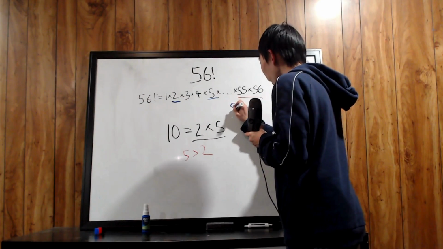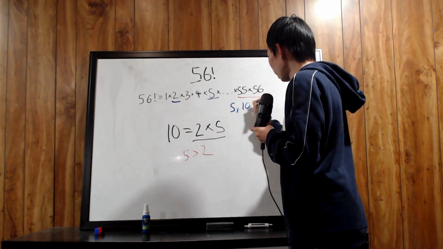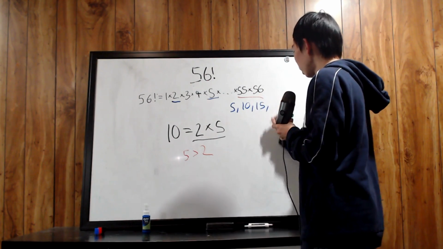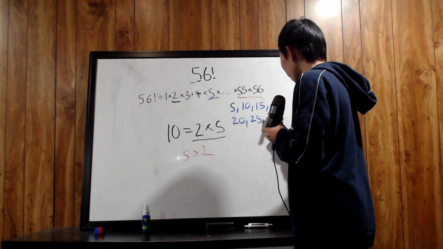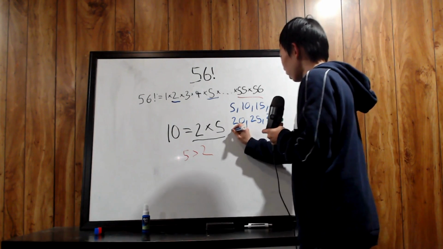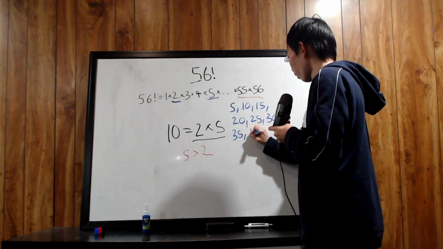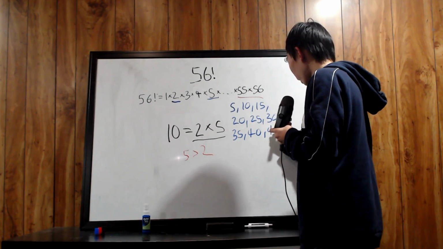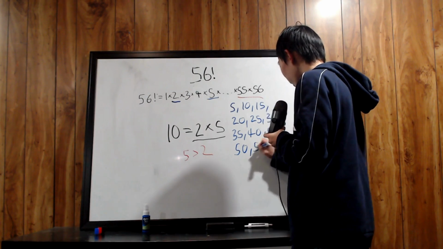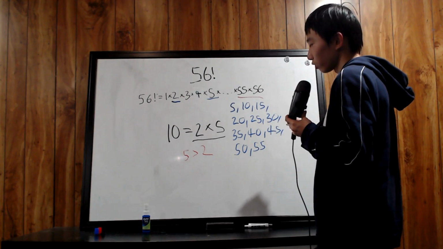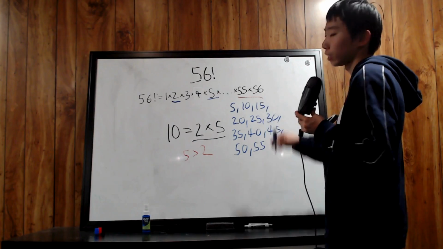There is 5, 10, 15, 20, 25, 30, 35, 40, 45, 50, and 55. It doesn't go to 60 because it's only up to 56 factorial.